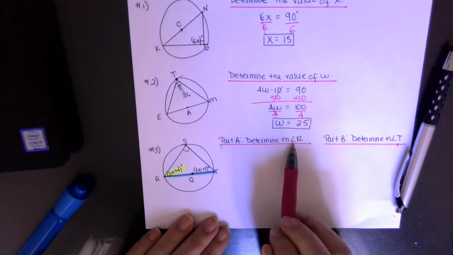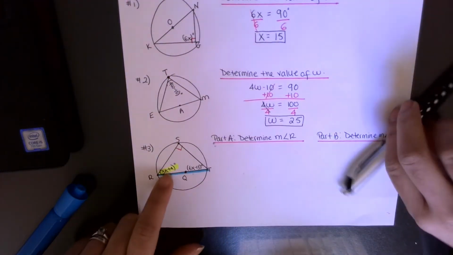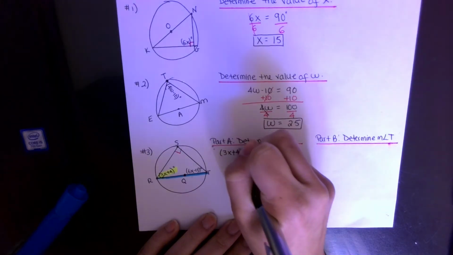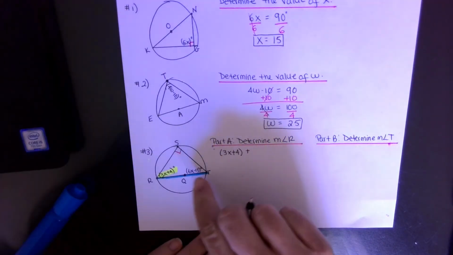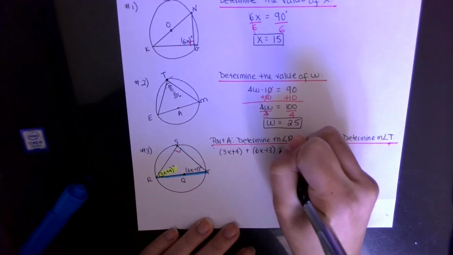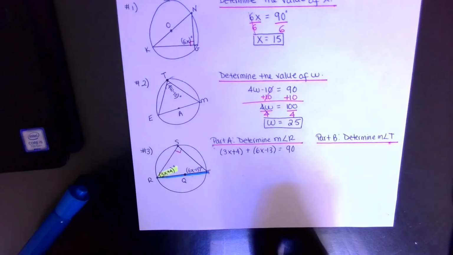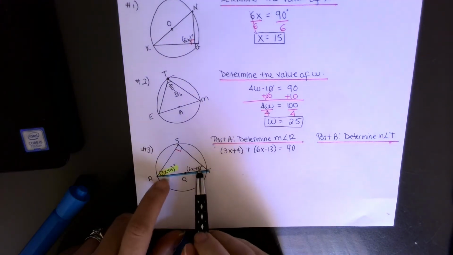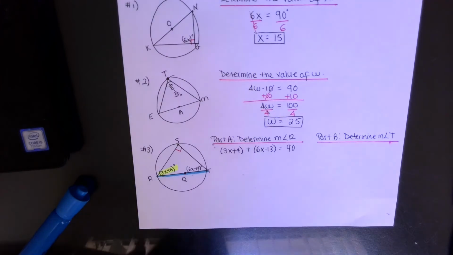So to find measure of angle R, we're going to take this angle, 3x plus 4, plus this other angle we have, 6x minus 13, has to equal 90 degrees. Because that was already 90, so the leftover is these two have to equal 90 in order for the whole triangle to be 180.